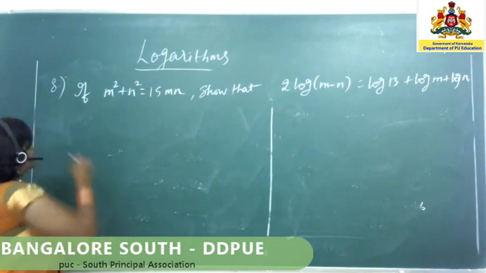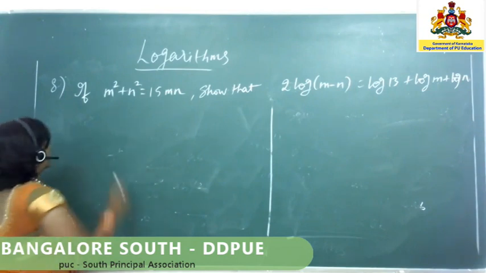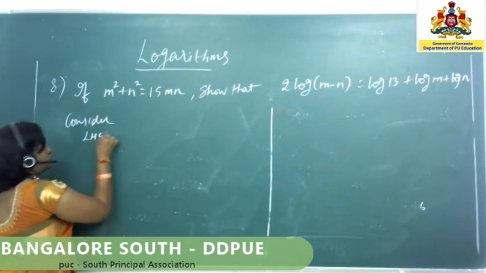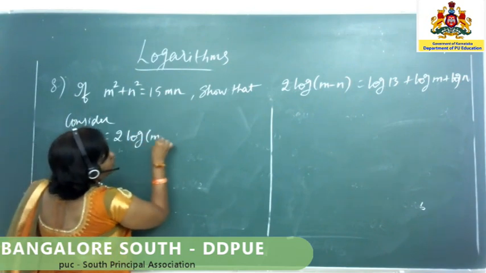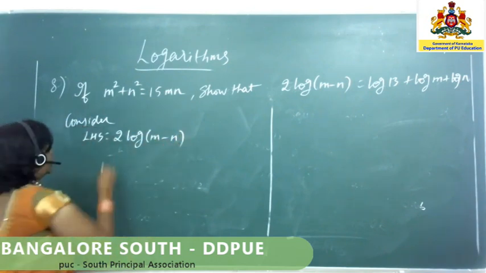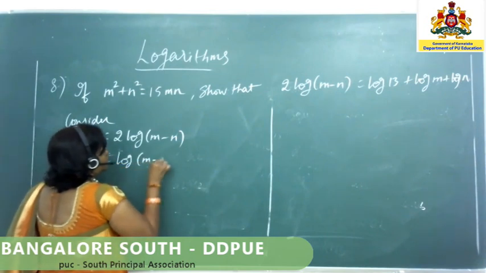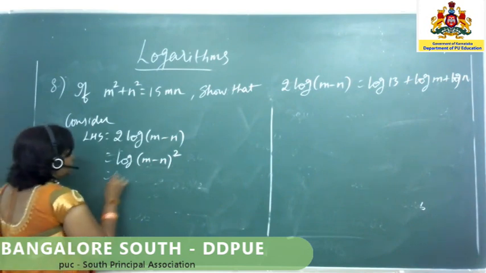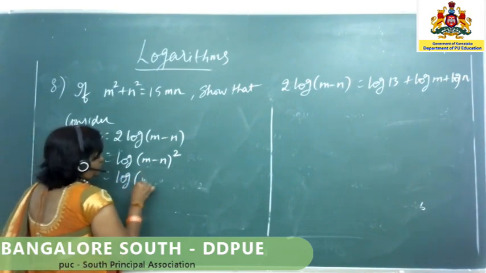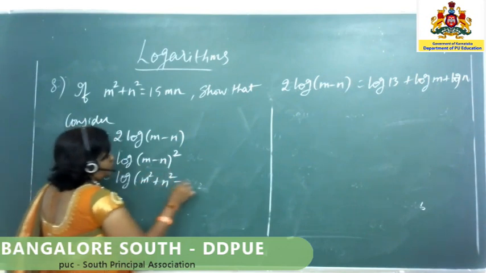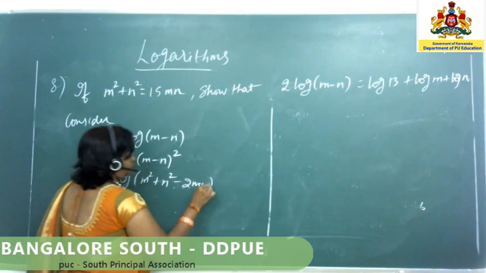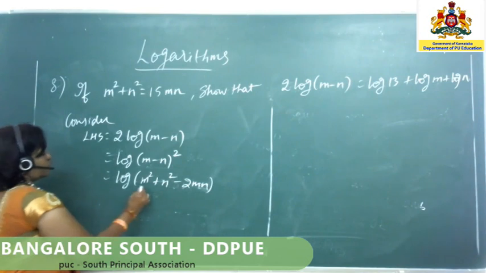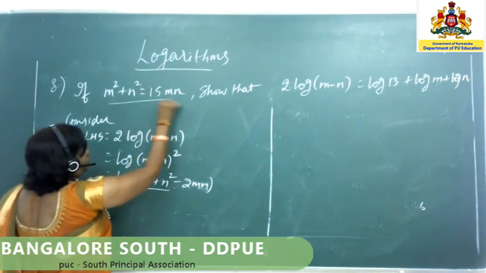So you can consider LHS, that is 2 log (m minus n). This can be written as log (m minus n) to the power of 2, (m minus n) the whole square. So this is log (m square plus n square minus 2mn). (m minus n) the whole square is m square plus n square minus 2mn. m square plus n square is given as 15mn.